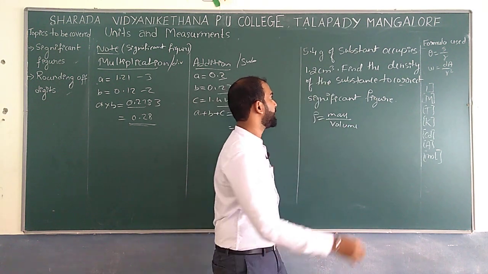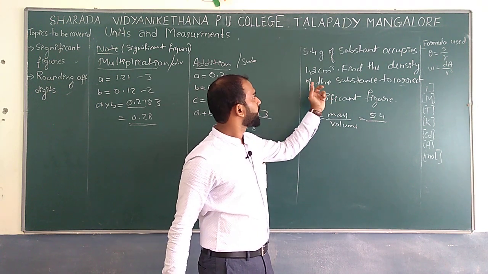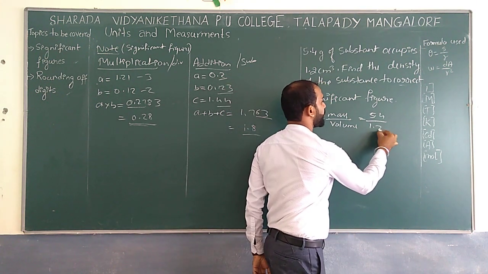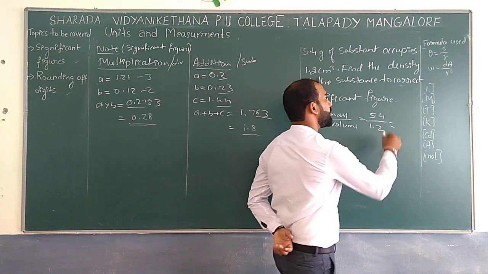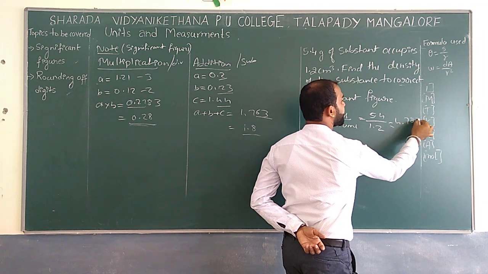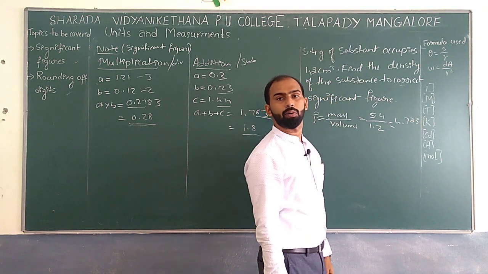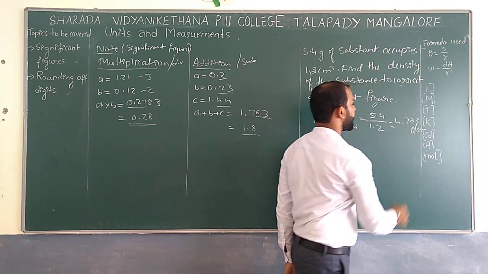What is the mass they have given? That is 5.4. The volume occupied is 1.2. Altogether how much are you going to get? That is 4.783, correct? 4.783 gram per cc you are going to get.